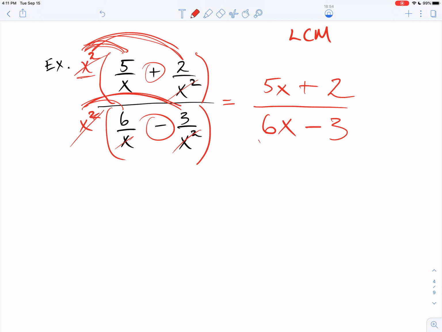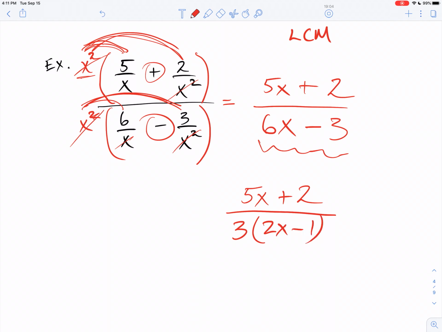But wait, I could take a GCF out. I could leave the top alone because there's no GCF. I could take a 3 out of the bottom and then say 2x minus 1. Well, look, does this binomial match this binomial? No, it does not. Did taking out a GCF actually help you reduce?